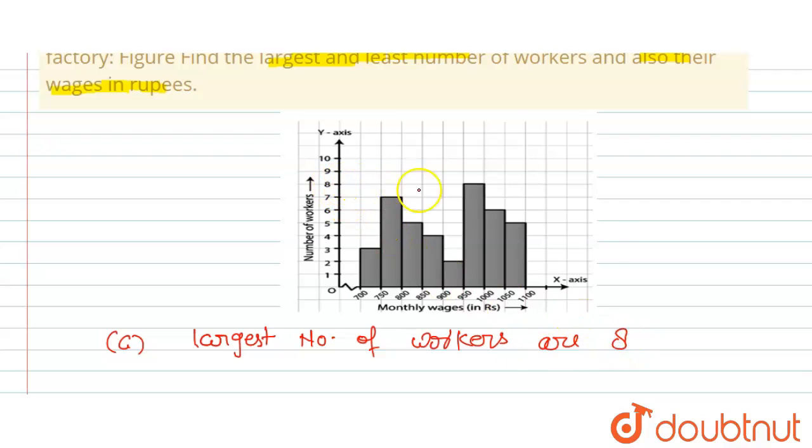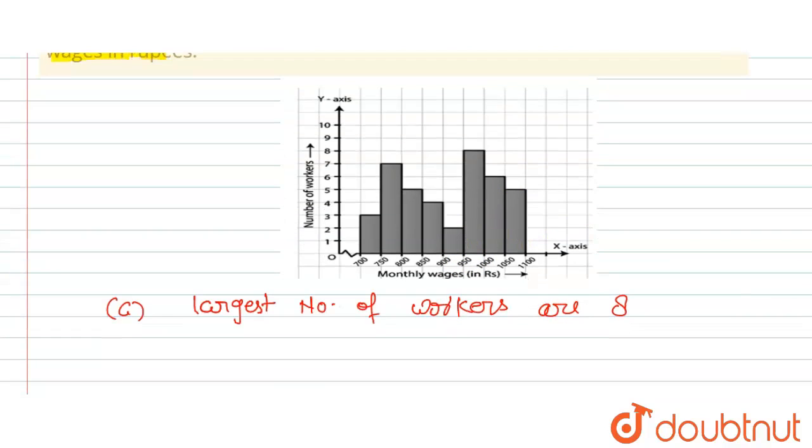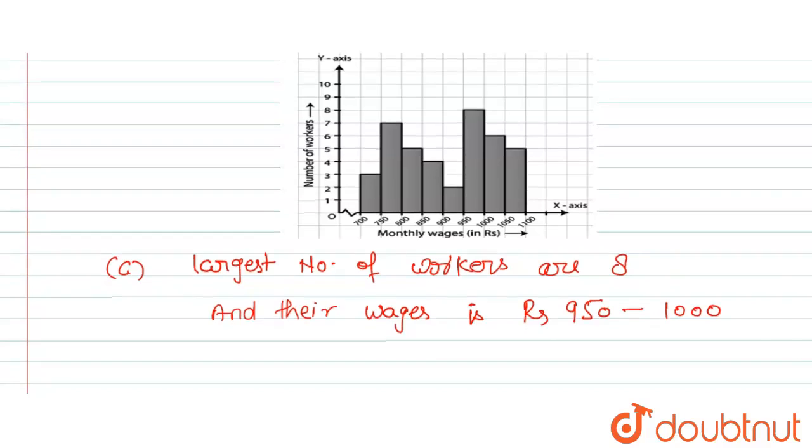Okay, there are total 8 workers, and the wages we also will calculate, and their wages is, you can see that the interval is started from 950 to 1000. So that means wages started from 950 to 1000. Okay, so this is the wages for the interval 950 to 1000. So that means this is the monthly wage of 8 workers.